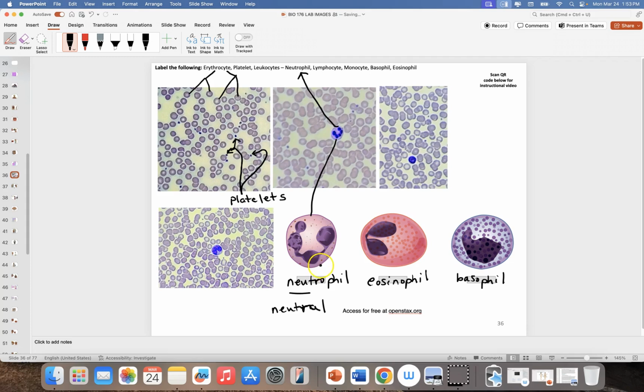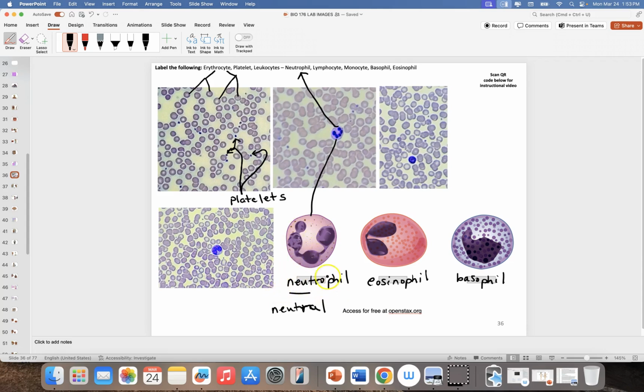Now, when we're talking about the neutrophil, the eosinophil, and the basophil, they all have granules in their cytoplasm. But remember, in the neutrophil, we can't really see the granules because they don't stain. And in the neutrophil, there's going to be a nucleus with many lobes.